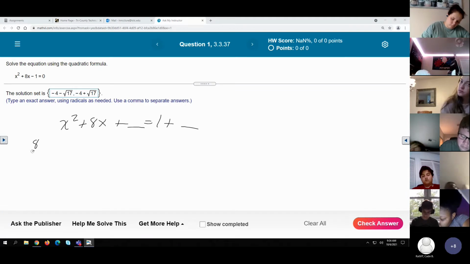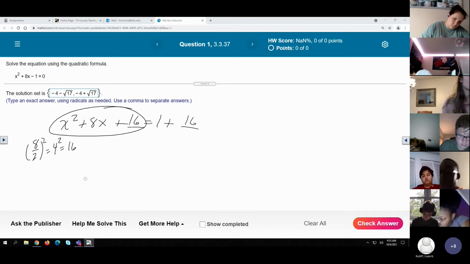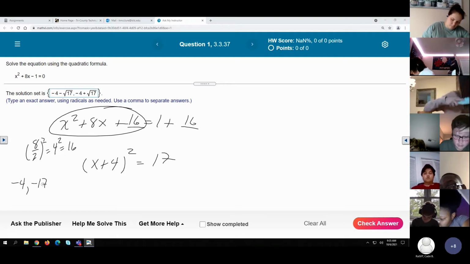Half of 8 is 4. 4 squared is 16. This is shortcut number 1.